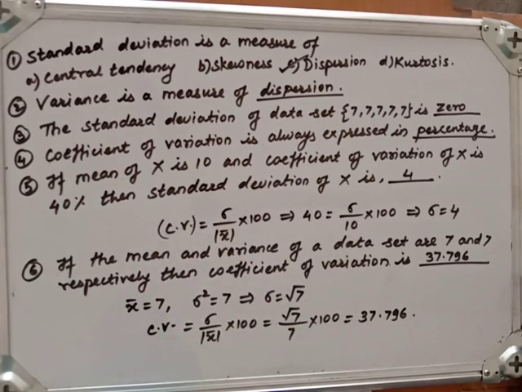We also saw the various formulas to determine them in individual series, discrete series, and continuous series distribution. Also the various types of examples on them, combined standard deviation, and combined variance, all these things we can easily determine using these formulas.